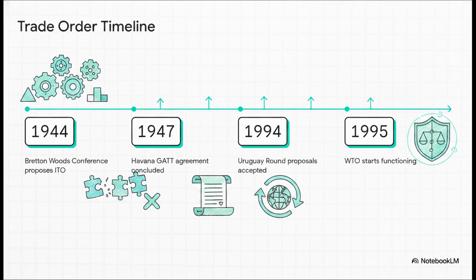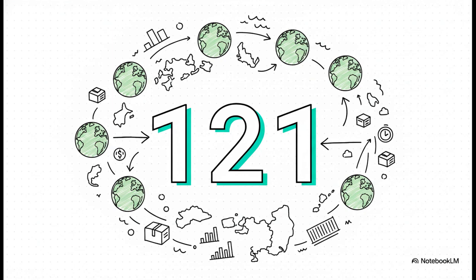Instead, as a provisional measure, the General Agreement on Trade and Tariffs, known as GATT, was concluded in Havana in 1947. And for decades, GATT served as the rulebook, progressively becoming more and more liberal through various negotiating rounds. This all culminated in the Uruguay Round in 1994, which finally paved the way for the modern World Trade Organization to launch in 1995. Just think about this number for a second, 121.